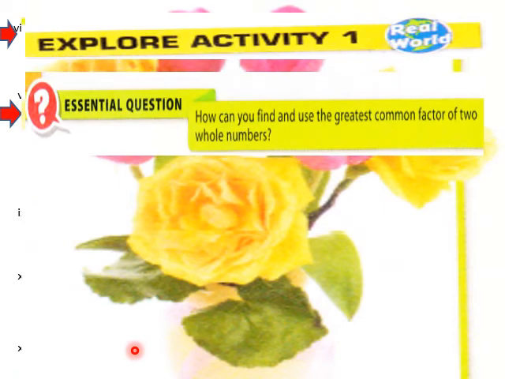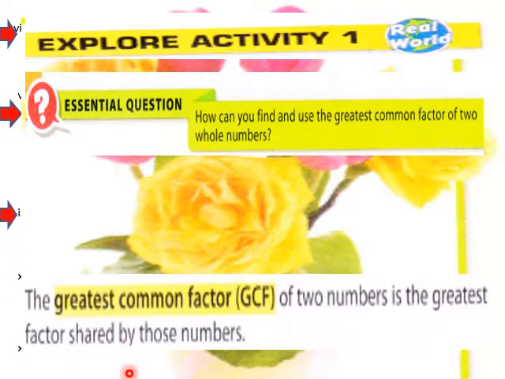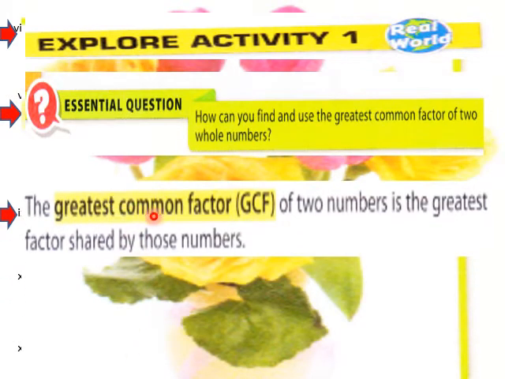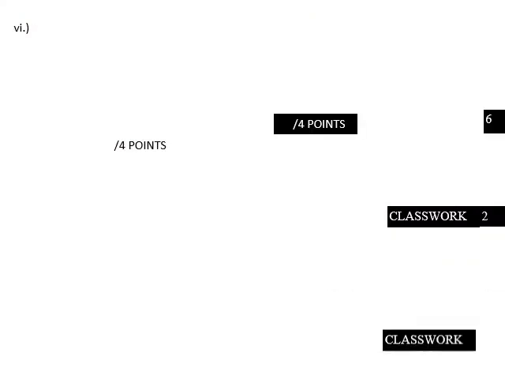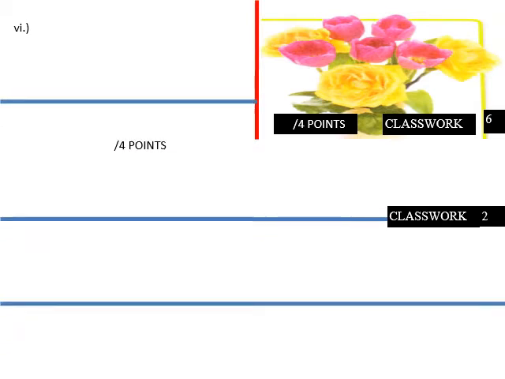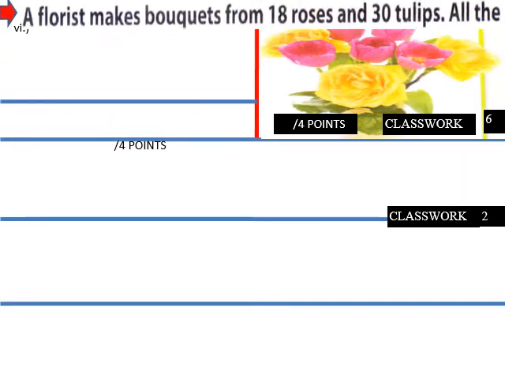And then we get into an explore activity. How can you find and use the greatest common factor of two whole numbers? So the greatest common factor of two numbers is the greatest factor shared by those numbers. So for example, here, a florist, we get into a word problem here.